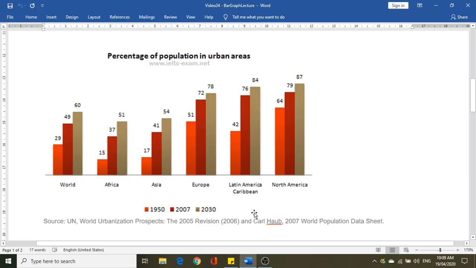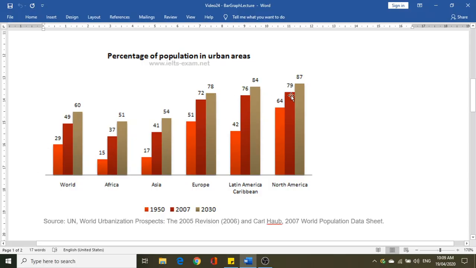So looking at each segment here, you can see that there are actually three bar graphs for each region of the world. So apparently, what we really need to do here is a cluster, because there's so much information to cite. And I can also see that all the figures reflect an upward trend.